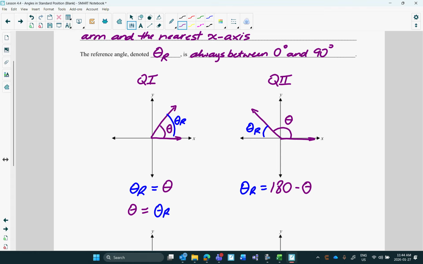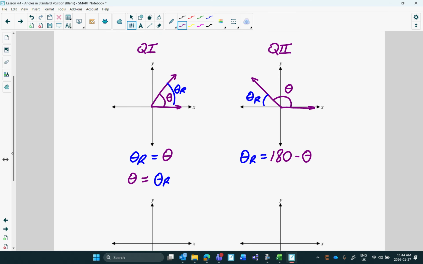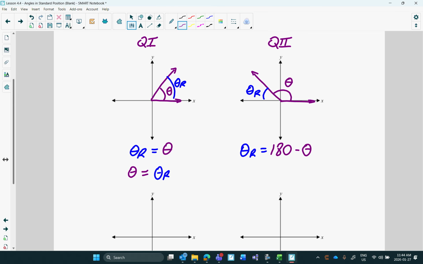That's the actual angle. Okay? If you're given the reference angle, like what if I told you, okay, this is 40. What's this? If this is 40, 140, but you just do 180 minus the reference angle. So to go the other way, you do the same thing. 180 minus the reference angle.